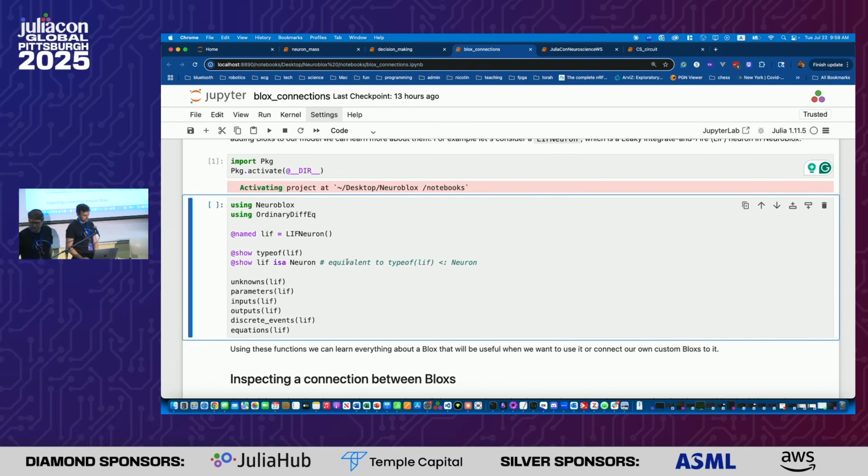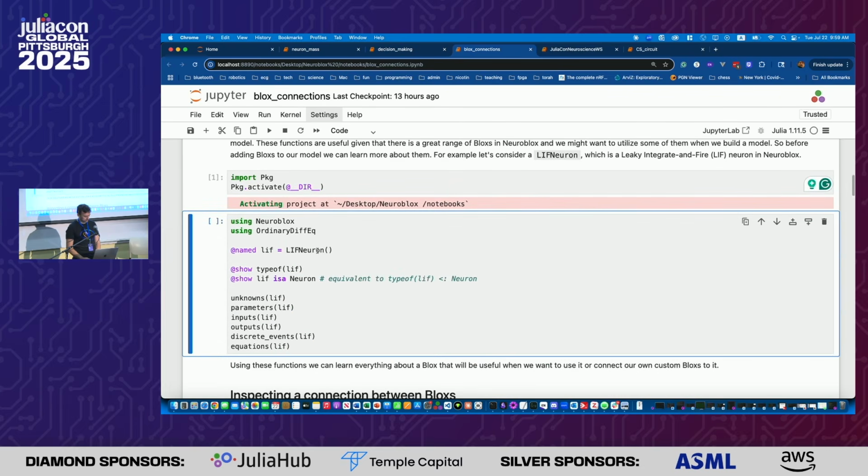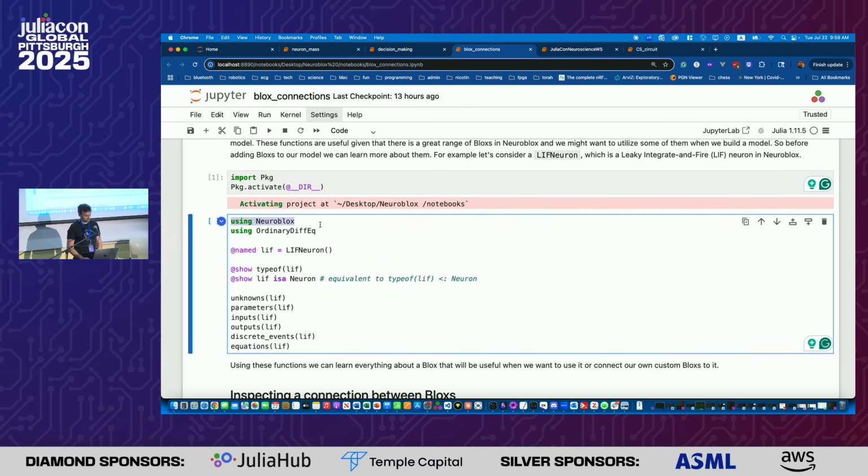This is just how you can play around with the interfaces in Neuroblox. We load Neuroblox, which exports a bunch of functionality for these things, and then we load some differential equation solvers so we can actually solve the systems.